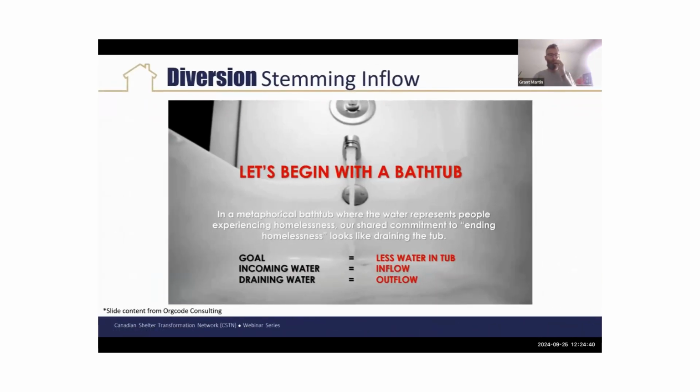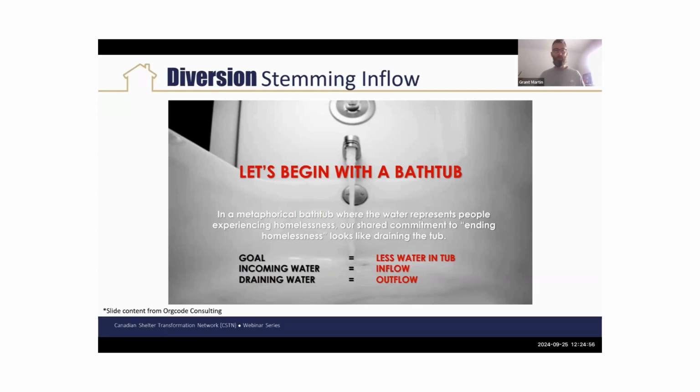And so I borrowed this image with permission from org code, where we talk about diversion as really being that service that stems the inflow for our emergency shelters.